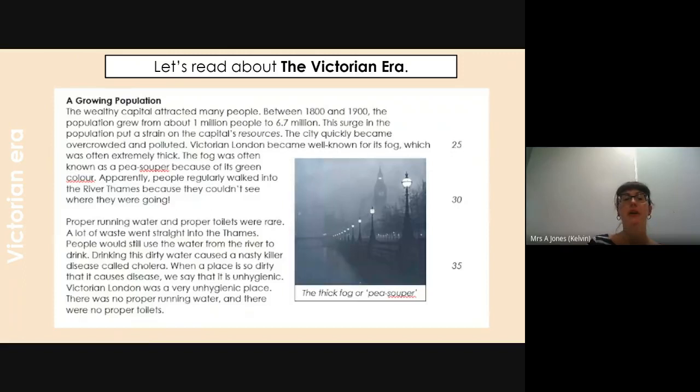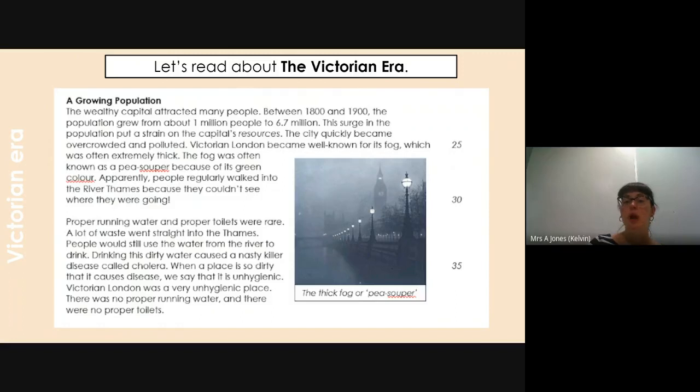And finally, a growing population. The wealthy capital attracted many people. Between 1800 and 1900, the population grew from about 1 million people to 6.7 million. This surge in the population put a strain on the capital's resources. The city quickly became overcrowded and polluted.